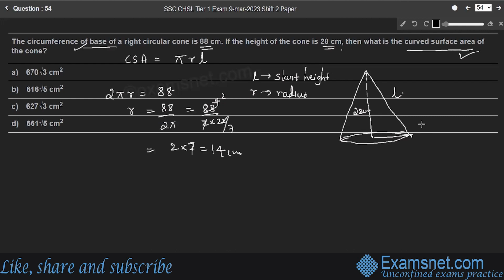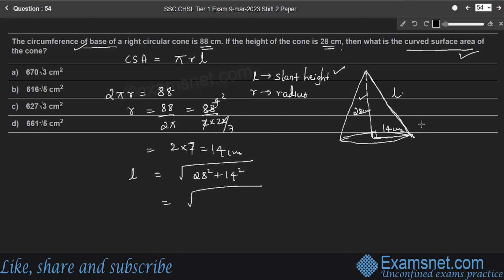Therefore, what is the slant height here? This part, and the height is already given. Radius is 14 centimeter. Use the Pythagoras theorem. Since the angle between height and radius is 90 degree, slant height L is equal to root of 28 square plus 14 square by Pythagoras theorem.